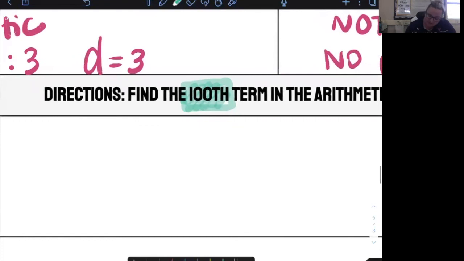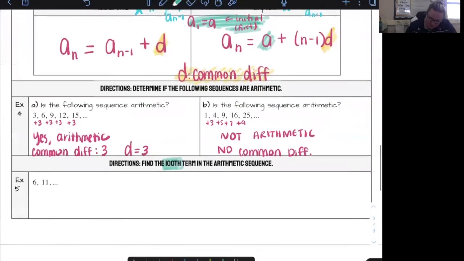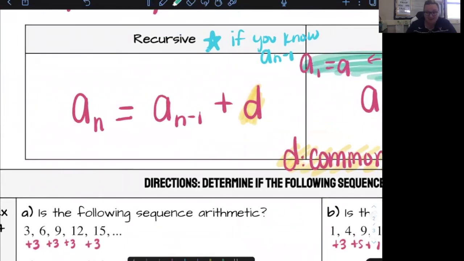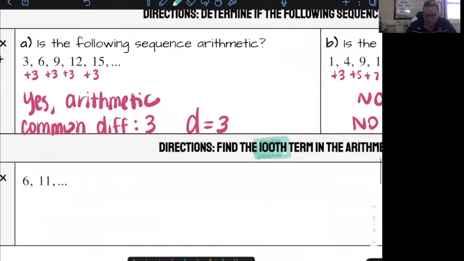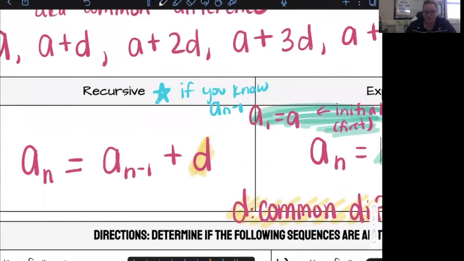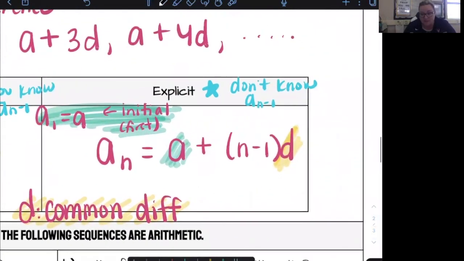To use a recursive formula, I would need to know the 99th term, the term before that. I only know n equals 1 and 2. So I'm not going to use a recursive formula. I'm going to use the explicit formula because I don't know the 99th term.